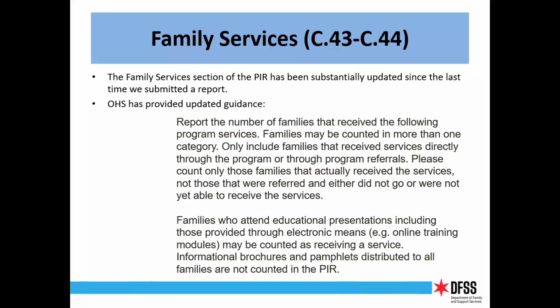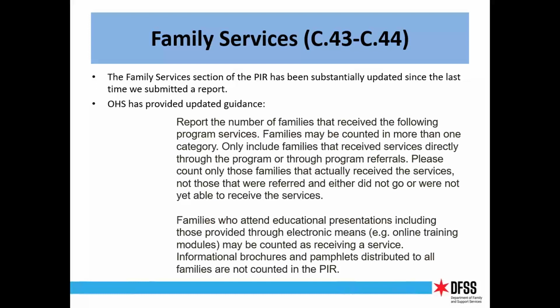Now the big one, the family services section, is the part that's been substantially updated since the last time we submitted a report. So this is what the Office of Head Start has given us as guidance. We should report the number of families that received any of the following services. Families may be counted on more than one category.